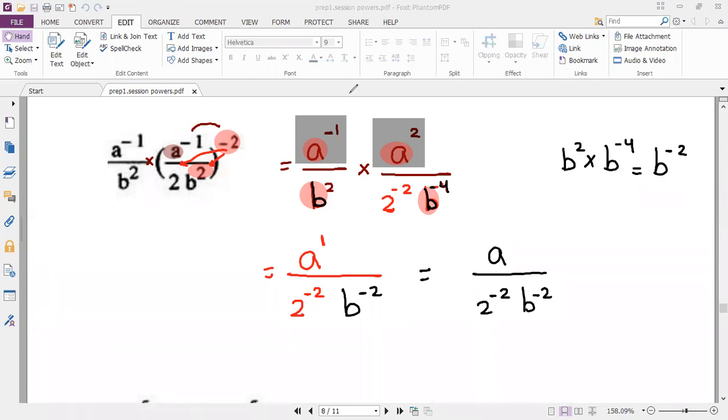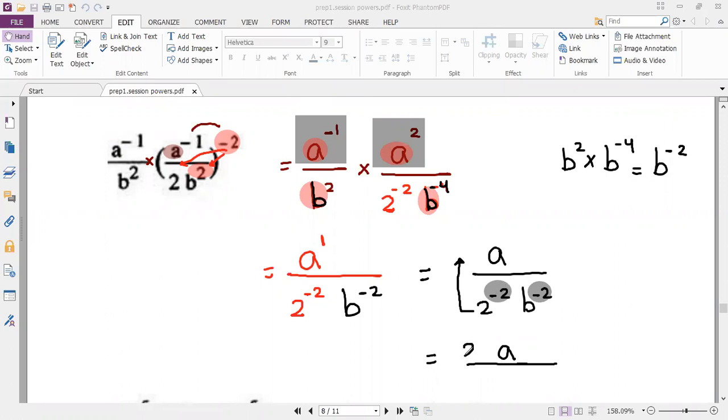So what is the problem? The problem is having negative power. And how can we deal with the negative power? Just change the place of the number. So instead of writing a as it, we are going to move 2 to the power of negative 2 to the top, and change the sign of the power.